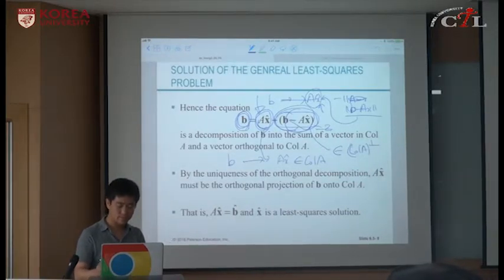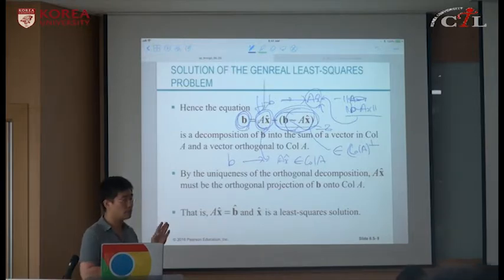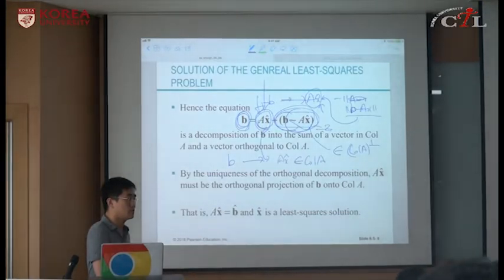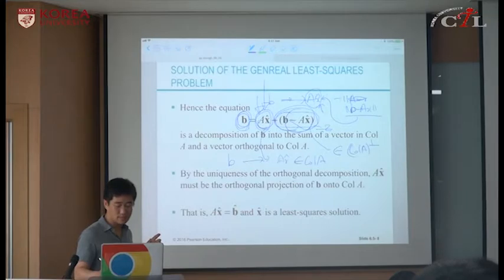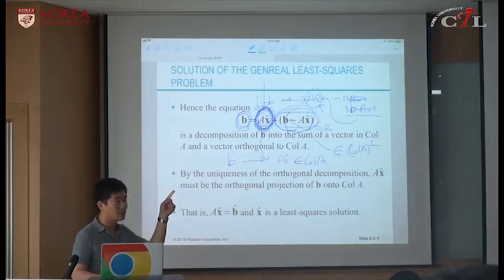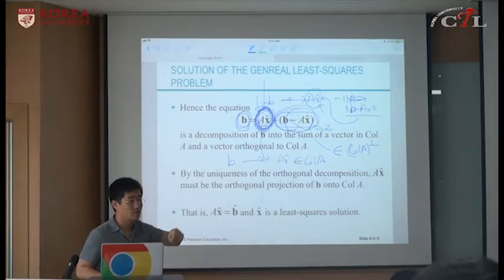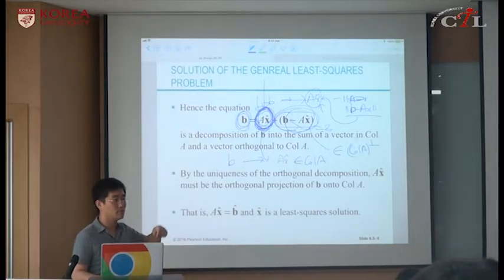Okay, and then the solution. I mean, this orthogonal projection, we studied in this theorem that the orthogonal projection is always uniquely defined. So that means this part is uniquely defined, right? There are no multiple orthogonal projections.